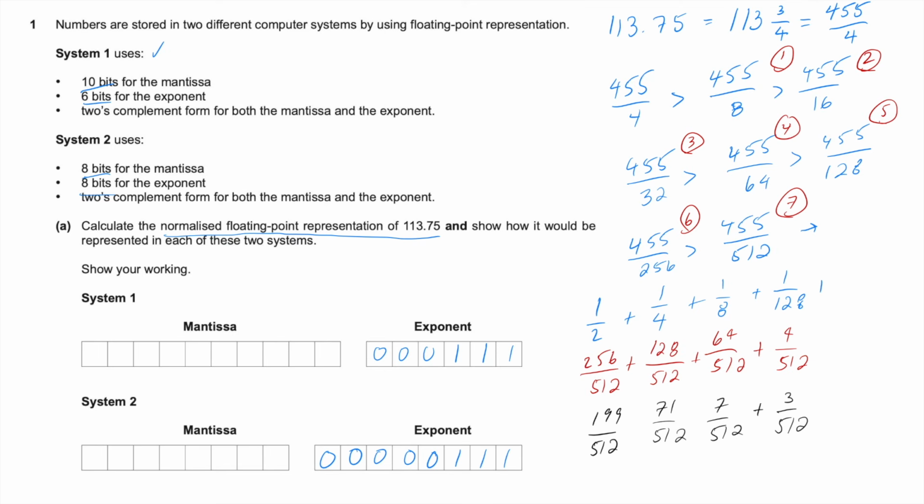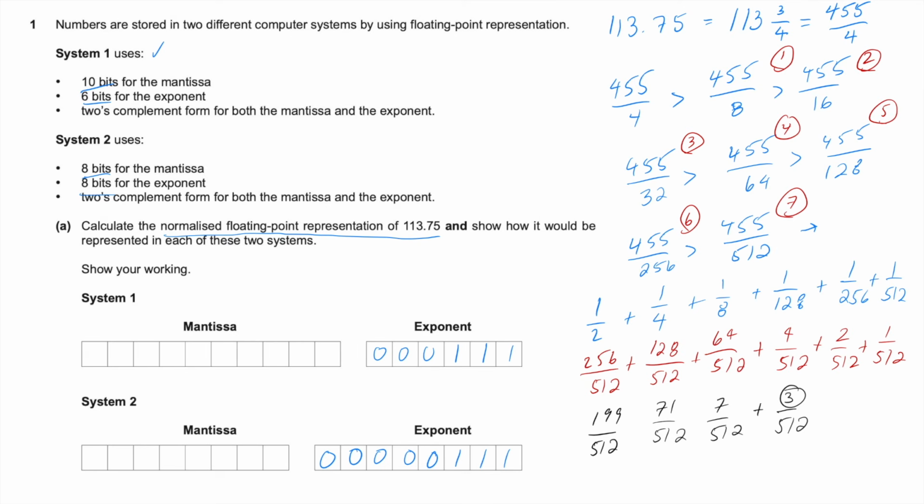And then we're going to need 1 over 256 and 1 over 512. 1 over 256 is going to be 2 over 512. And then 1 over 512 is just going to be 1 over 512, which accounts for this 3 over 512 that's left over right here.